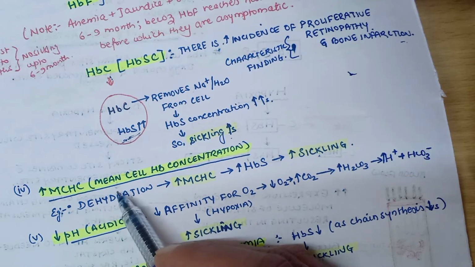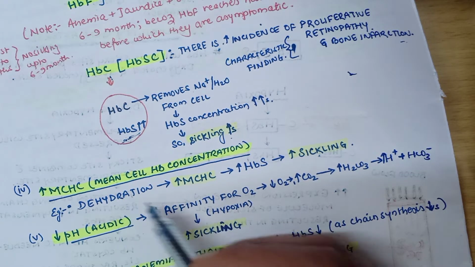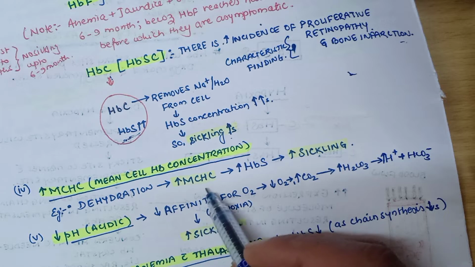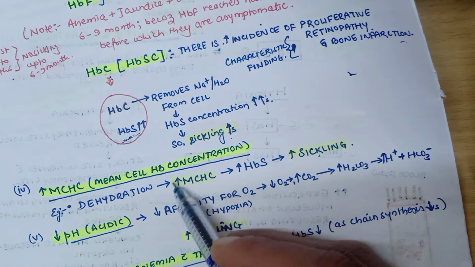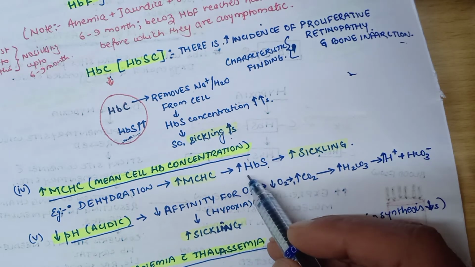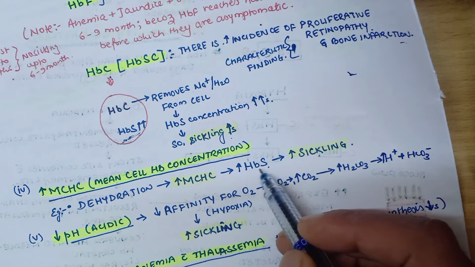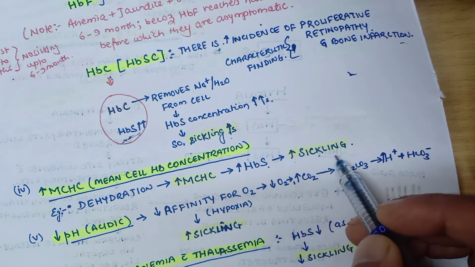Now coming to mean cell hemoglobin concentration, because of dehydration there will be increased mean cell hemoglobin concentration. So when there is an increase in hemoglobin concentration, this will cause an increase in HbS concentration, which will result in increased sickling.